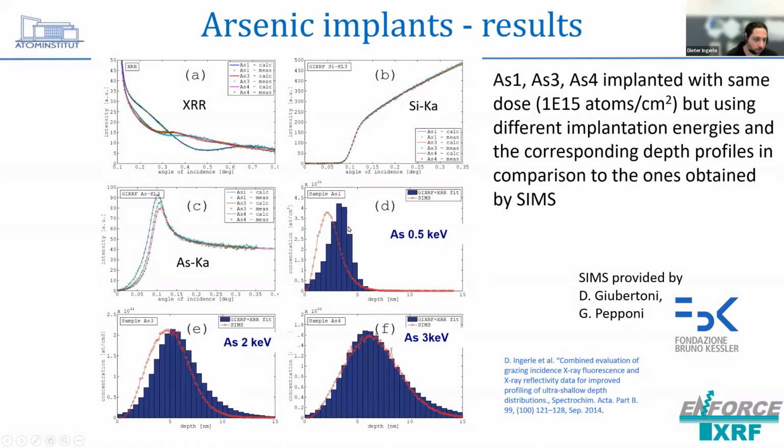In this case, the final results look quite similar again to the SIMS profiles, maybe just some variation in the 1.5 nanometer range in depth, but then there's also the question of how you define the surface in this case.